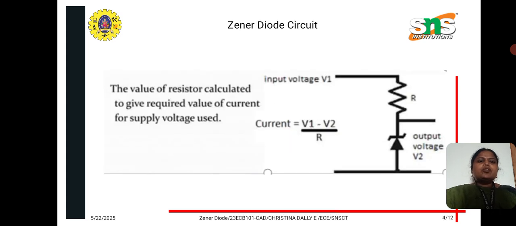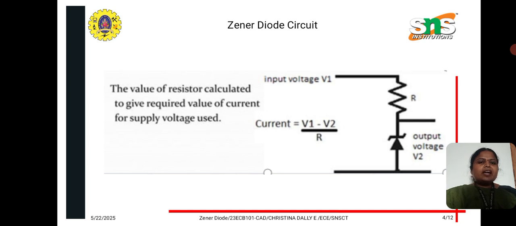So this is the circuit of the Zener diode. We are applying the input voltage V1 through the resistor, and the output voltage V2 is taken across the Zener diode, which is represented here.